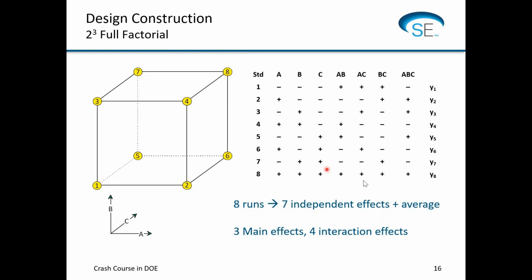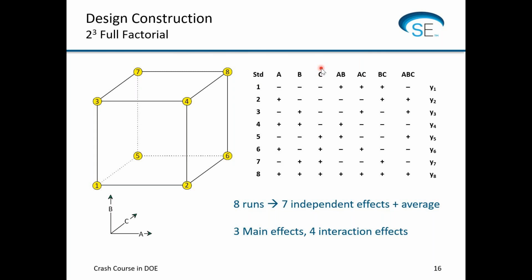So there's a very specific order in which we're going to run these things, or at least, let me rephrase that. There is a very specific thing called standard order, but we don't want to run our experiments in standard order. We want to shuffle the deck. We want to randomize these runs. Why would we do that? Let's imagine we had something drifting through the course of our experimental path.